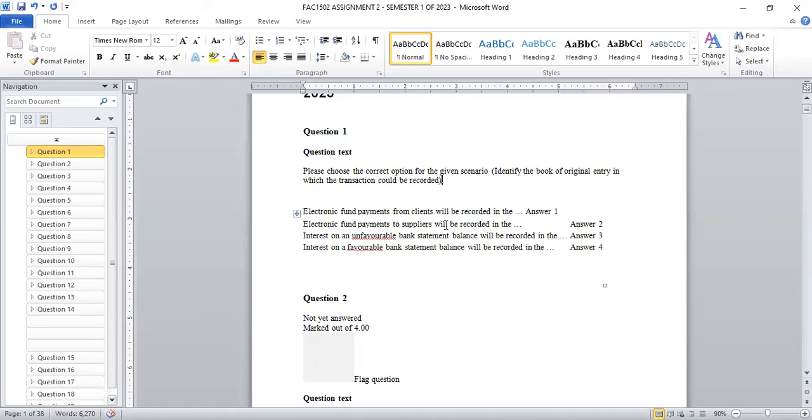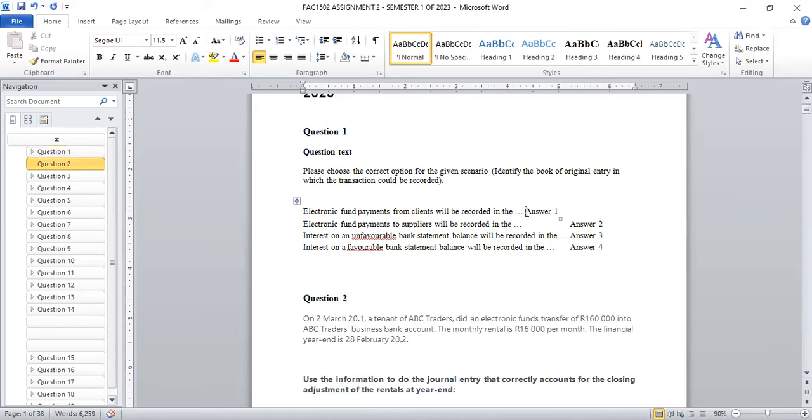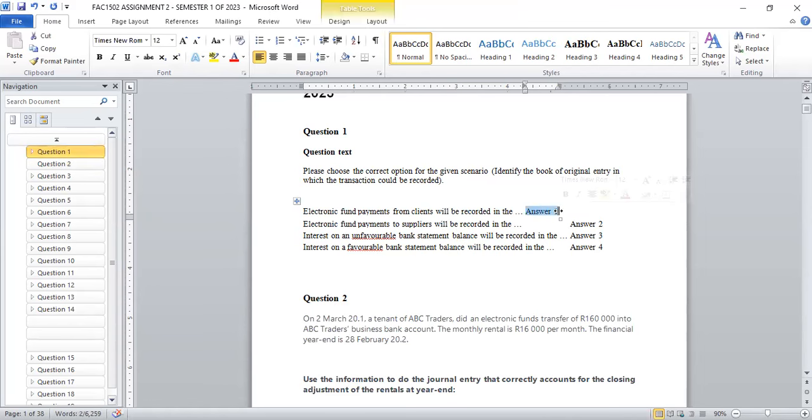Now, if we check here, the electronic funds transfer from clients will be recorded in our CRJ. This will be our answer, because here we're receiving from clients. Let me just say answer here.